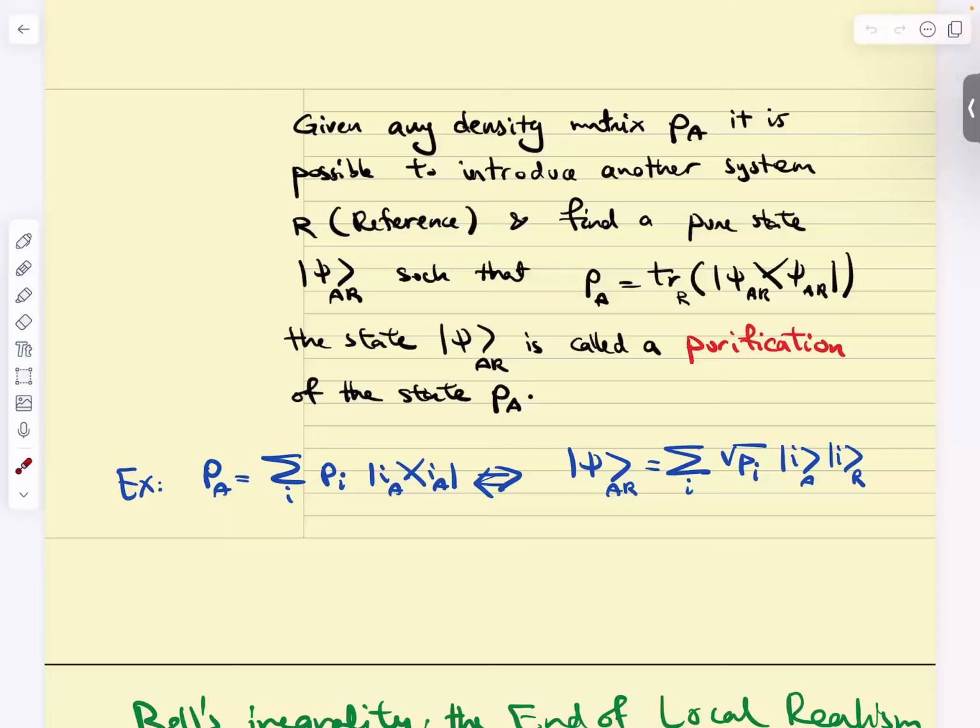Now, given a density matrix, it's possible to introduce an auxiliary system, a fiducial system R, called reference, and find a pure state psi AR such that psi AR reduces to rho A. Such a state is not unique. We're going to call it the purification of rho A.